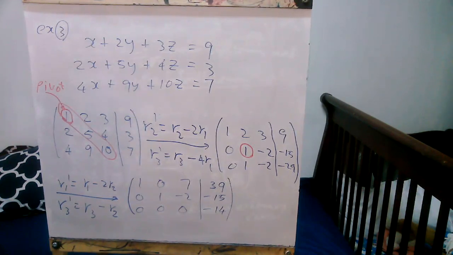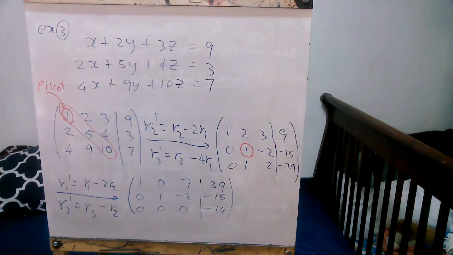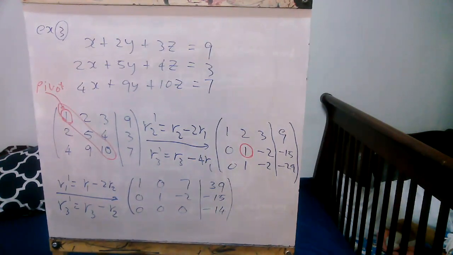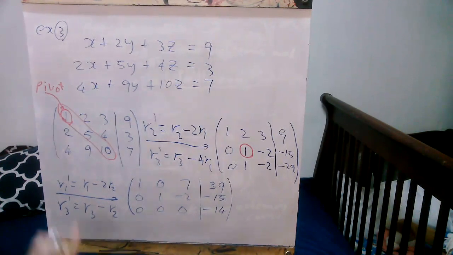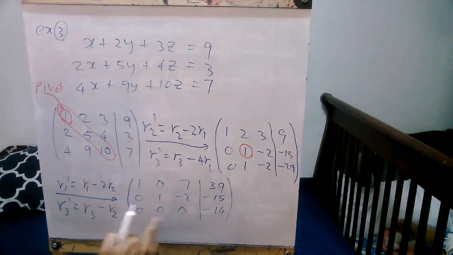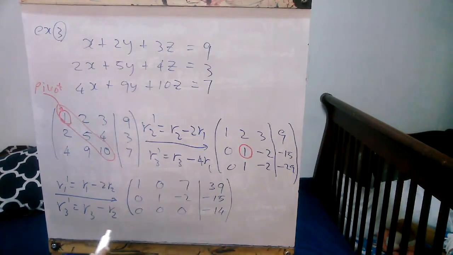We get this matrix. Now again we got an inconsistent system. How do we know? Only the left side is 0, not the right side. This is 0, this is not 0.